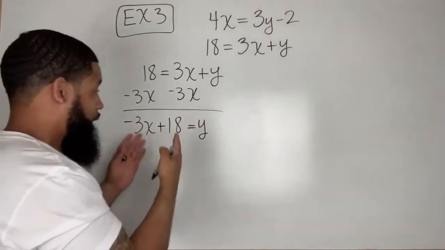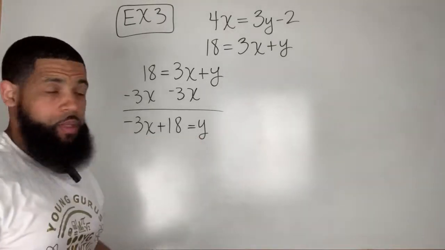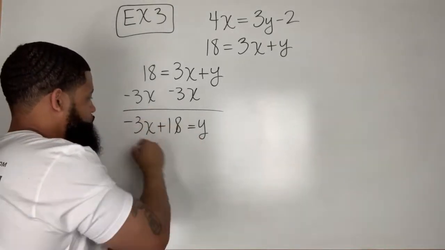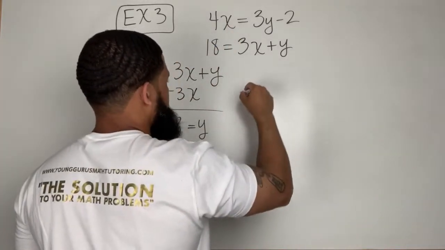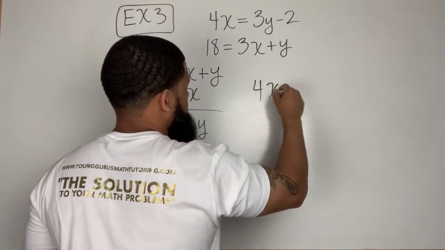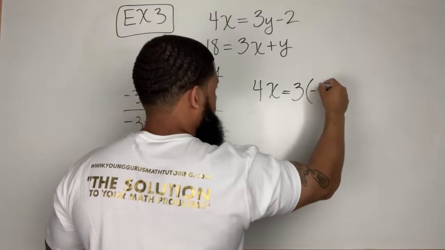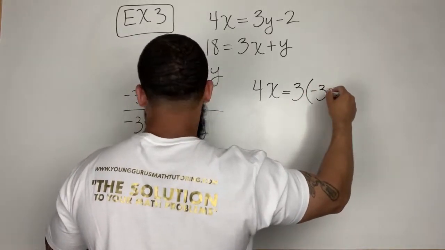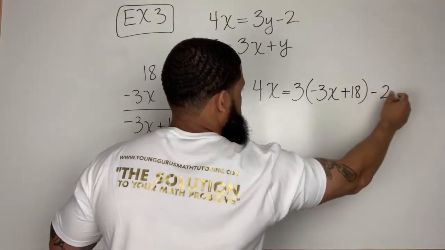Okay, so now I have solved for y, but I've got to plug this expression into the other one. So I'm going to say 4x equals 3 times negative 3x plus 18 and then minus 2.